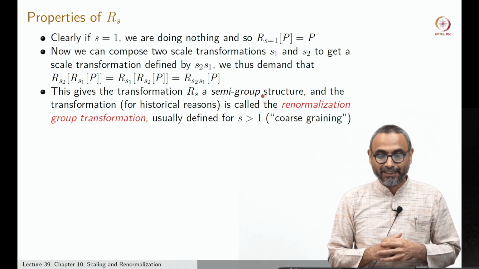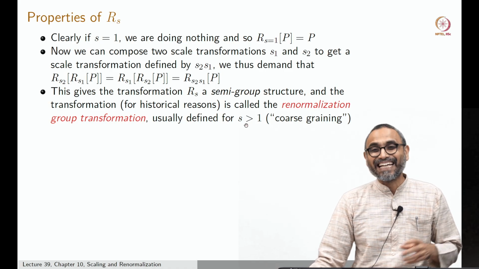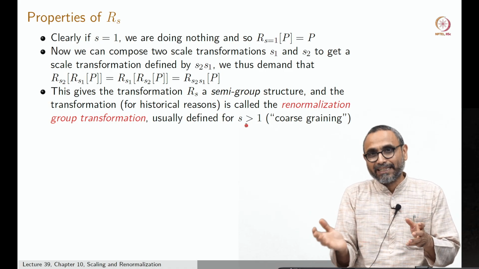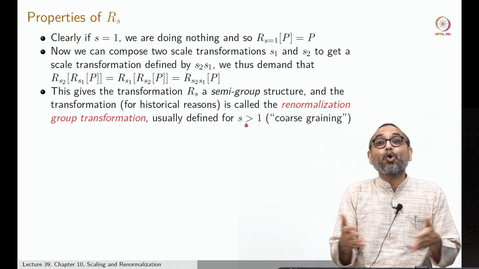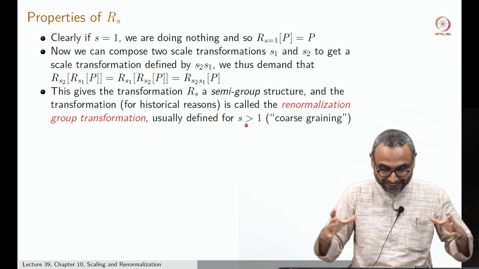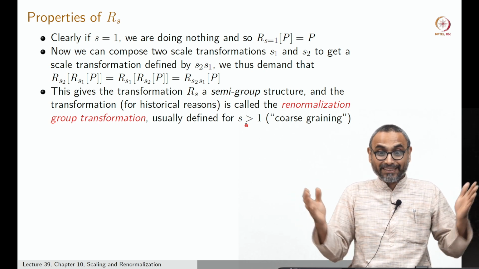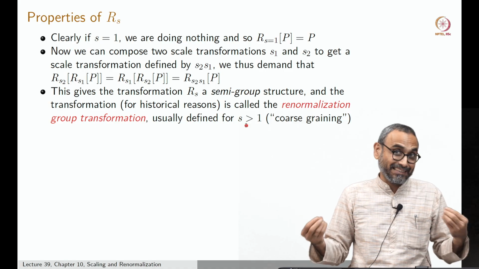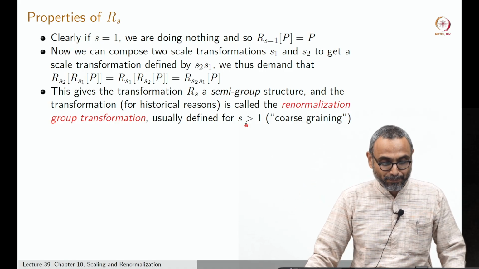Why don't we expect to have an inverse? Particularly coming from the condensed matter perspective, we will be mostly interested in the S greater than 1 regime. That is, the scaling is always coarse graining. We are going to look at the system demagnifying it, if you wish. We are going to look at systems on longer wavelengths, at low energies and longer wavelengths.